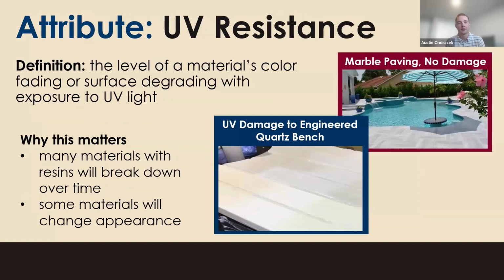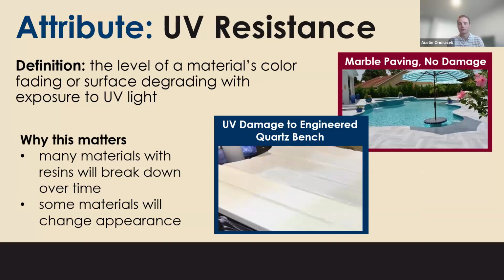UV resistance is another big thing that natural stone inherently has worked into it. It just has a generalized reflectance naturally with it and doesn't necessarily have any fading or any issues of degrading over time like a manufactured product would. In this case, a quartz bench can have one side fade over time, depending on what sun hits it, if it's in the shade on one side.